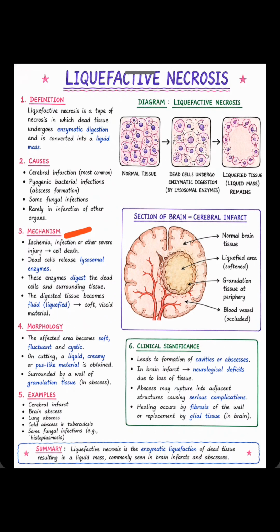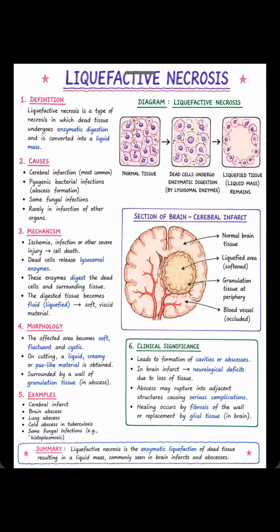Ischemia or severe infection leads to cell death. The dead cells release lysosomal enzymes. These enzymes literally digest the dead cells and surrounding matrix until the tissue becomes fluid, soft and viscid material.